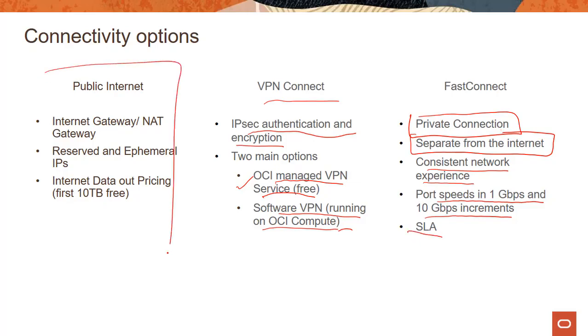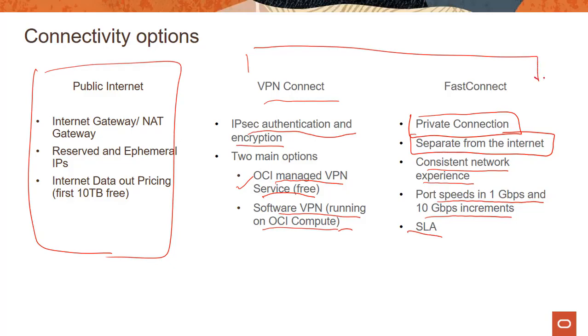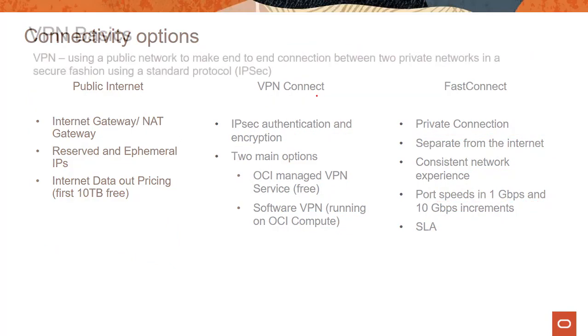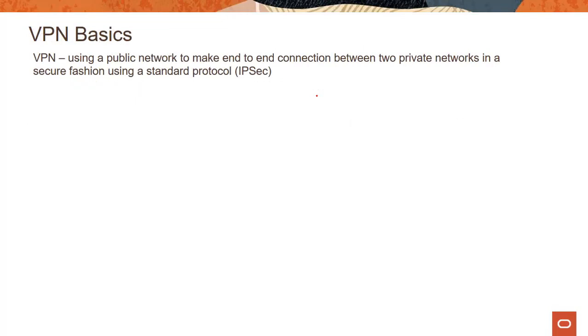So the first option, public internet, we looked into the previous module on virtual cloud network. In this particular module, we are going to look in more details around VPN and Fast Connect. So before we get into the details, let's look at some of the basics of VPN, right? VPN basically uses a public network, you make end-to-end connection between two private networks in a secure fashion using a standard protocol like IPsec, right?